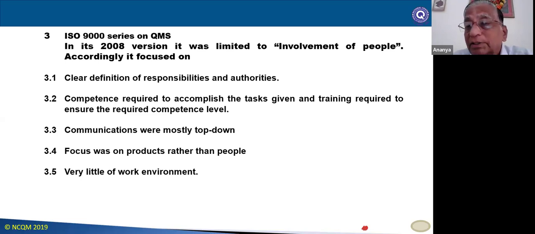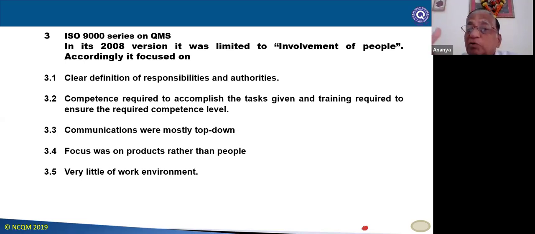When you make an organogram in a quality management system, you write what your activities and responsibilities are, and we did it level-wise, level 1, level 2, level 3, level 4. So in case of a problem, level 2 will go to level 1, but it will not be the other way around. So ISO is structured that way from the organization's point of view, normally from the top, and therefore it is focused more on product rather than people, whereas the excellence model is trying to make you more empowered.